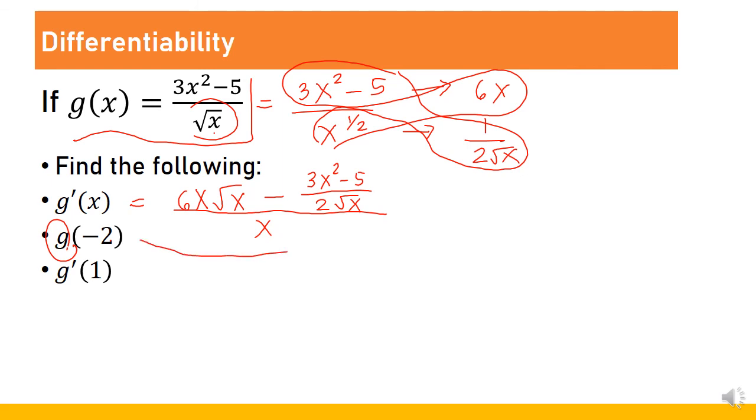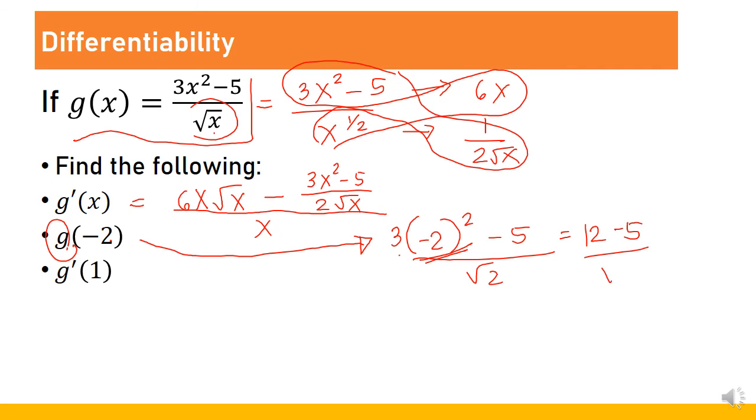So this one will give us 3 times negative 2 squared minus 5 all over square root of 2. Now this is 4. This part is 4 times 3. That will be 12. So we have 12 minus 5 over square root of 2, which is 7 square root of 2 over 2. There, we rationalized our answer.